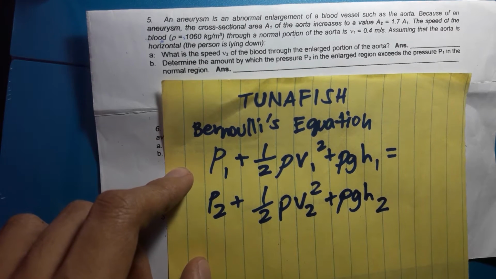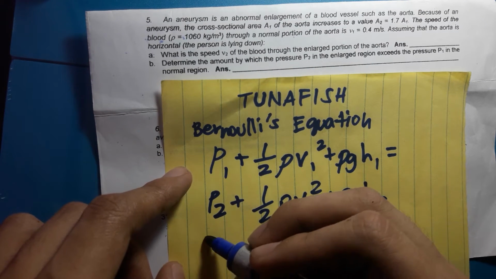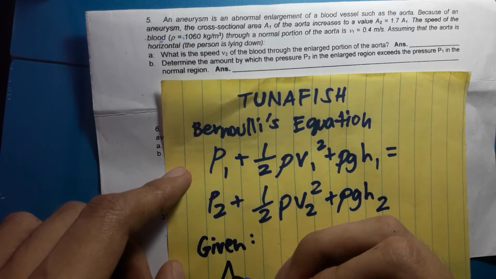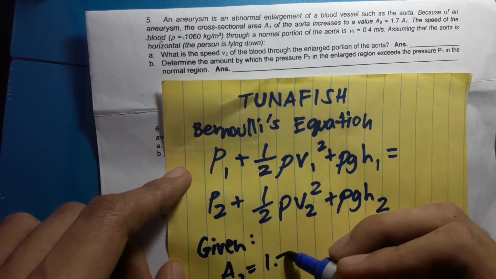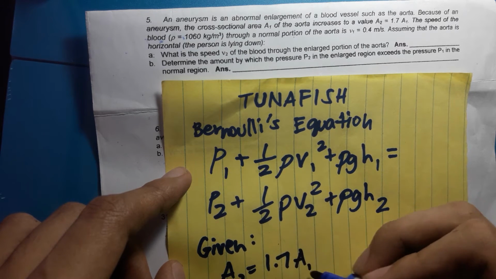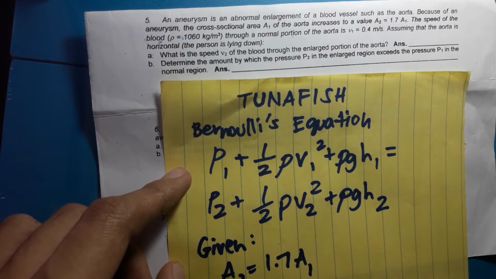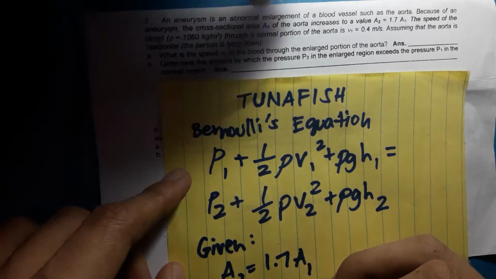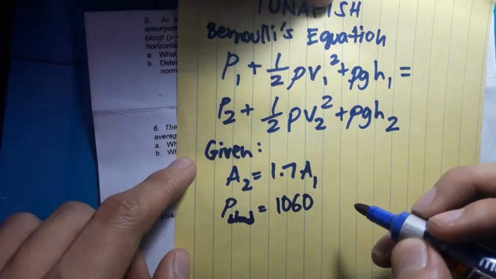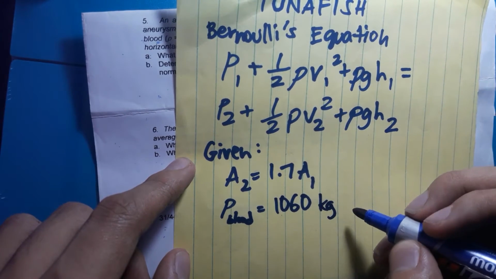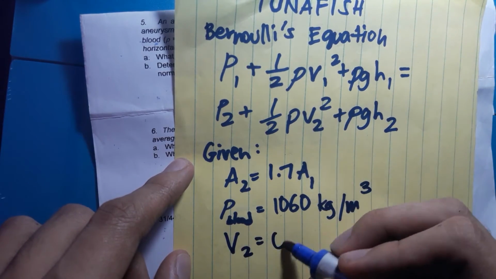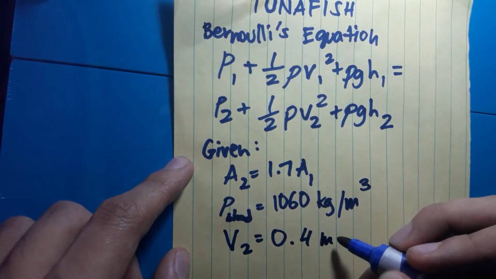First, we need to get the given, which is A2 equal to 1.7 A1. The density of the blood is equal to 1060 kilograms per meter cubed, and V1 is equal to 0.4 meters per second.